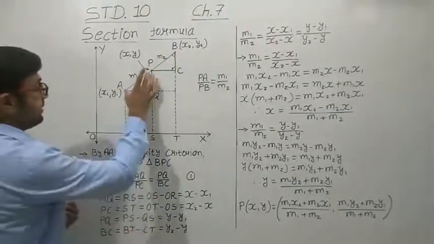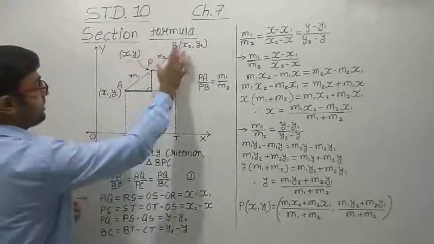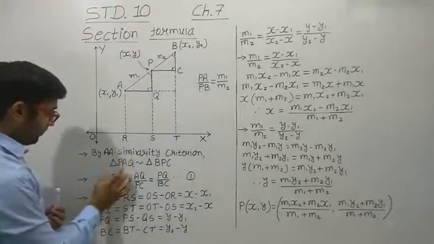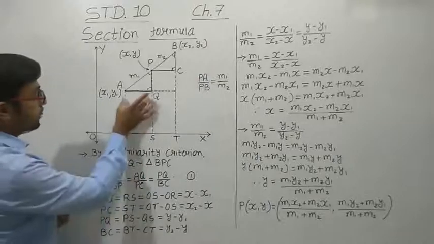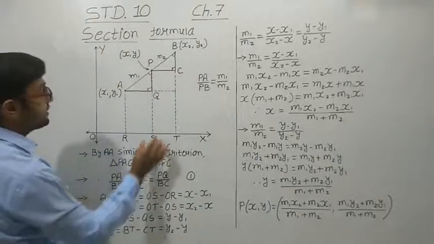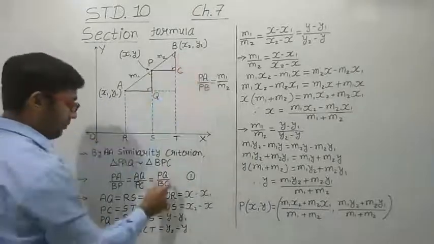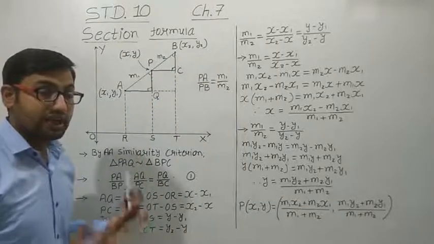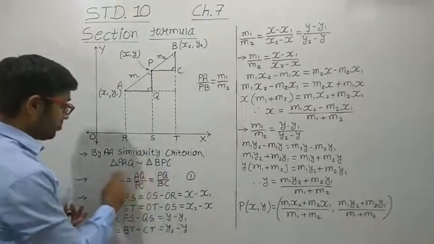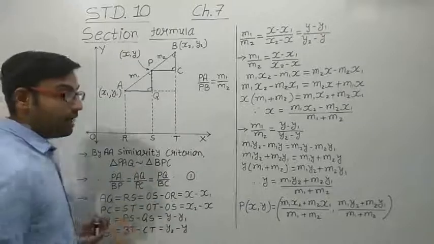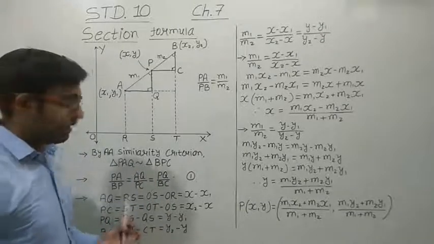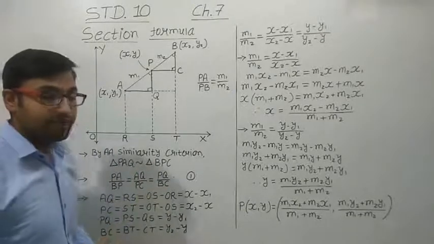So the corresponding side of PA in triangle BPC is PB. So PA upon BP is equal to AQ upon PC is equal to PQ upon BC. This is what we can write down as the two triangles are similar, right?